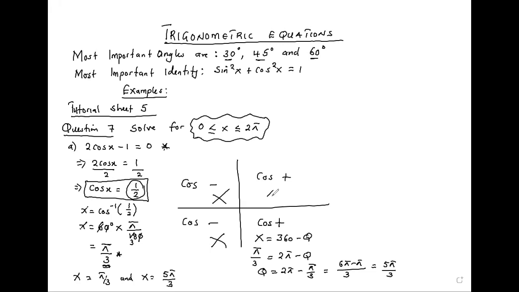Here we have found x is equal to 60. It means in the fourth quadrant, you get x is equal to 360 minus 60, which is 300. But express it as what? Express it in radians. Express your solutions in radians.